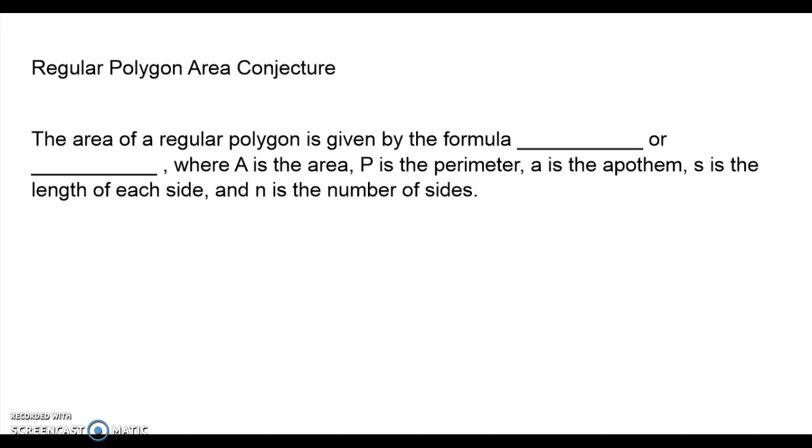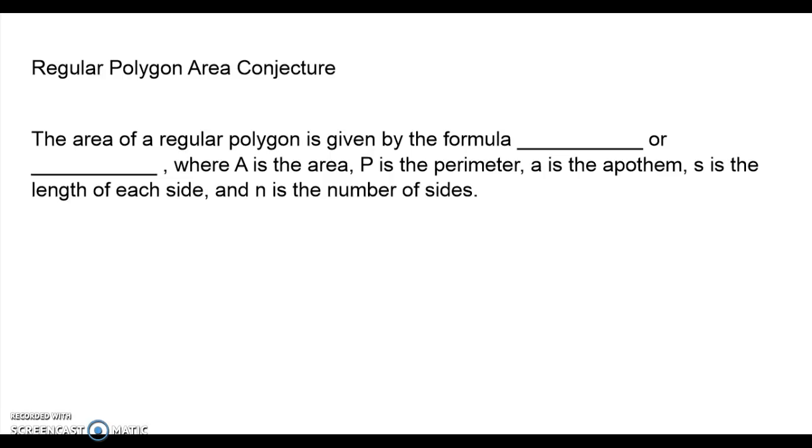All right, so we're just going to get right into the regular polygon area conjecture. Okay, so I know some of you would be able to find the area of a polygon using some of your skills that you already have by kind of splitting it up into a bunch of triangles. Okay, but we do have a formula that will make it a little easier for us.